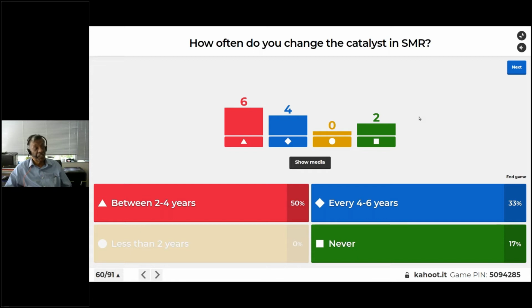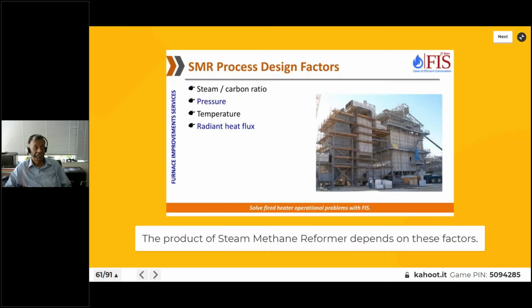There are some who has never changed it, but I think 3 to 4 years or maximum 5 years is the life of the catalyst. That's what I've seen in the experience. Although some people have changed it even after 2 years also, or less than 2 years. That could be because of mal-operation or power failure or some maybe water going into the catalyst, those type of things.